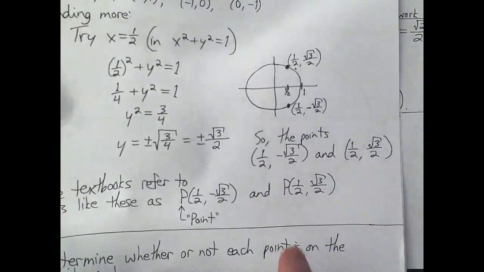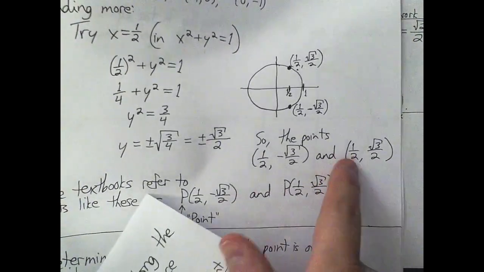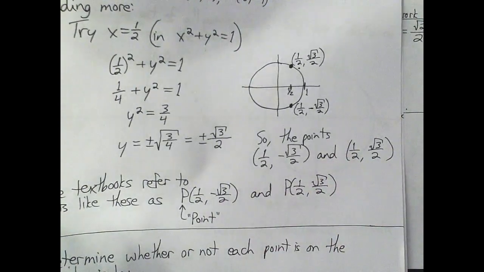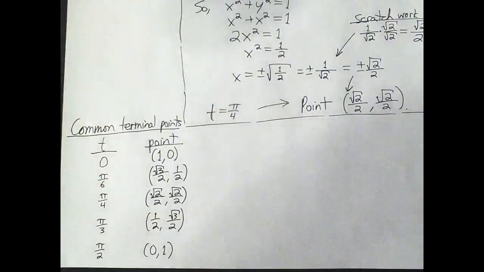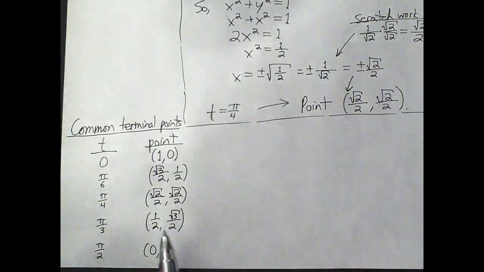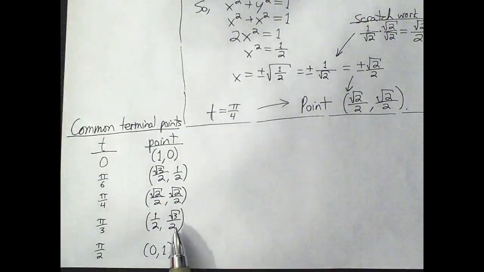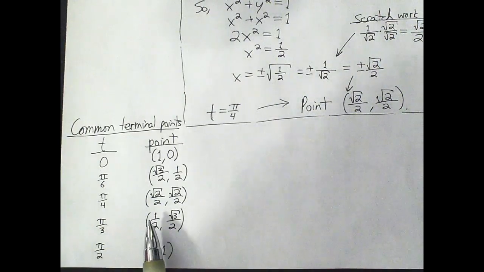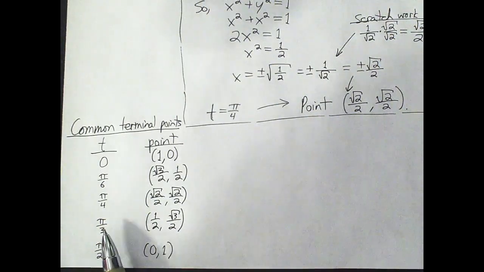Remember when we did this? We got 1/2, comma, square root of 3 over 2. So I'm saying 1/2, comma, square root of 3 over 2. We already know that that is a point on the unit circle. The new thing that I'm saying now is that that point happens to correspond to a t-value of pi over 3.